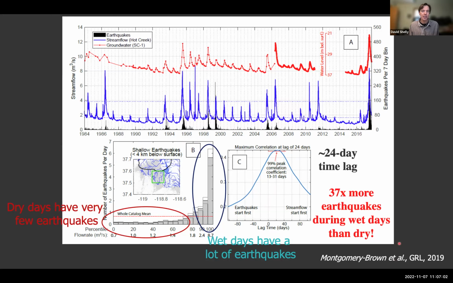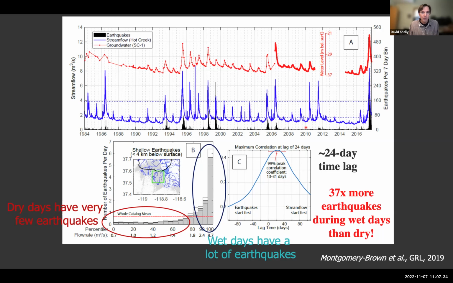There's a factor of 37 more seismicity during these wettest times compared to the driest times. And we can see that the lag between the peak of the hydrologic signal and the peak of the earthquakes is something ranging from about 2 weeks to a month, with a mean of 24 days. So this is a pretty short lag time for water to infiltrate down to seismogenic depths.